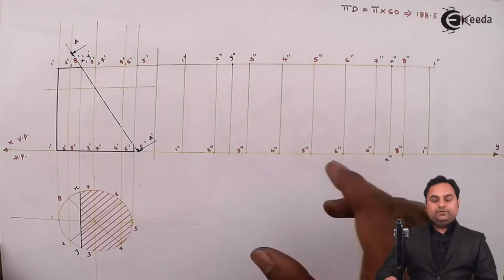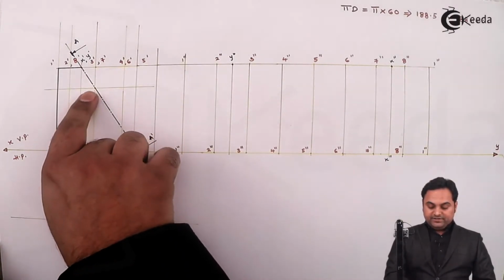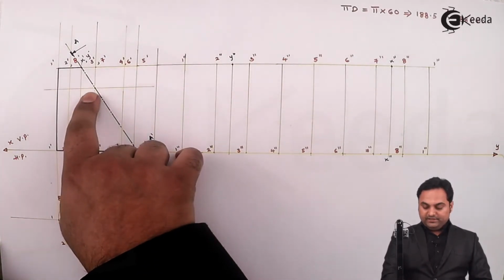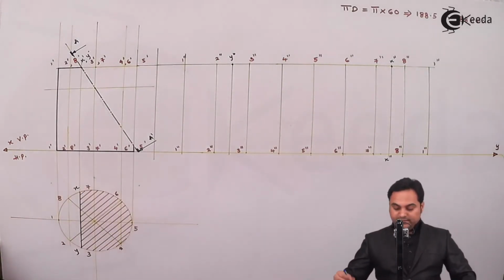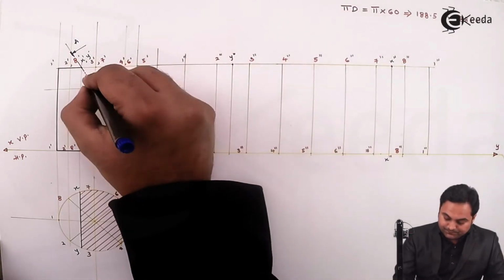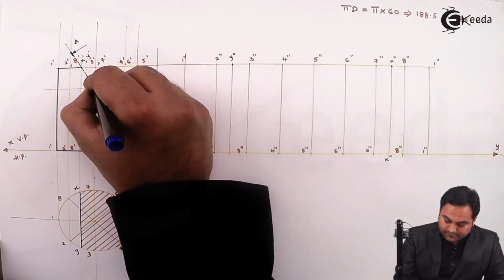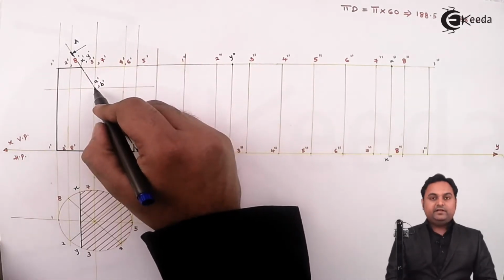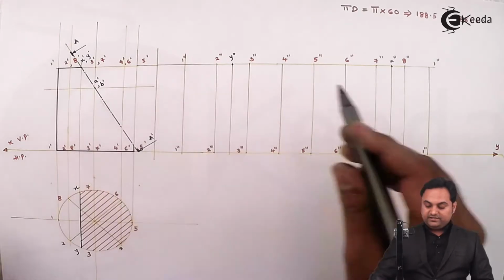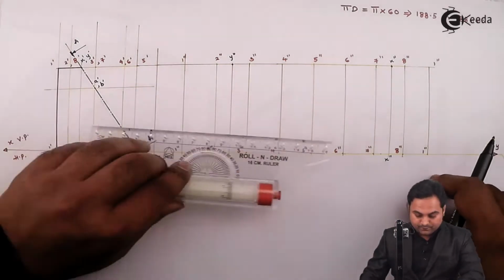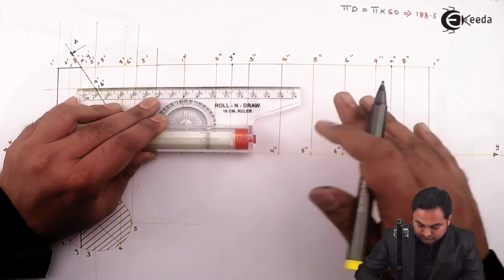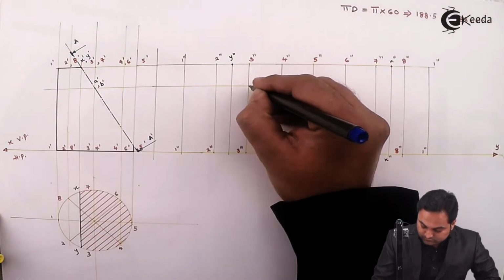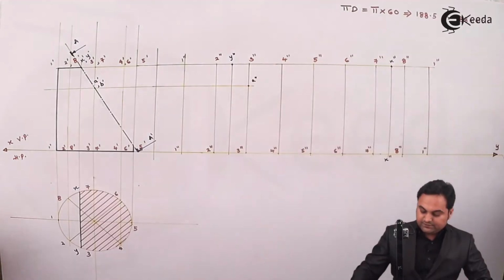Next, here the cutting plane is cutting generators 3 and 7. Both the generators are being cut at the same location. So here I'll give the notations as a dash, b dash. So where it is cutting 3 dash 3 dash, I'll say that is point a double dash.